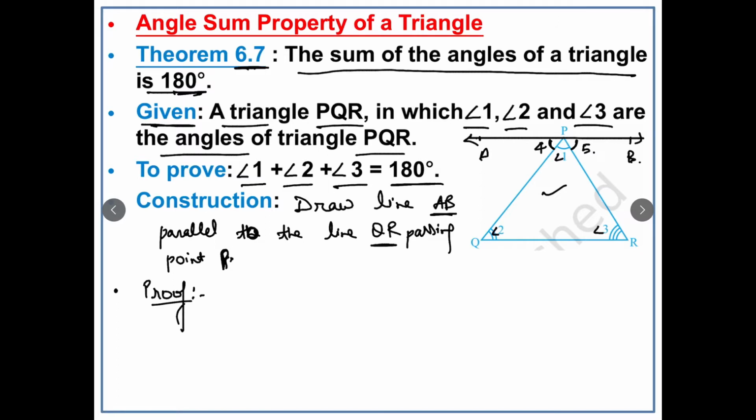Its proof is very simple. We are going to use the theorem that we have studied in the previous session, which was: if a transversal intersects two parallel lines, then the alternate interior angles are equal. That is theorem 6.2.